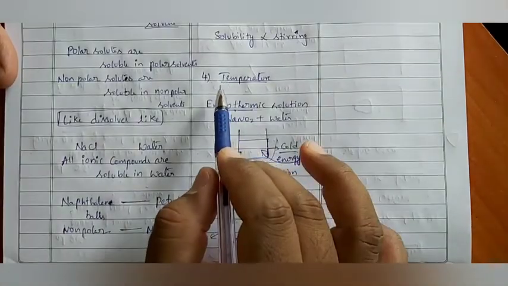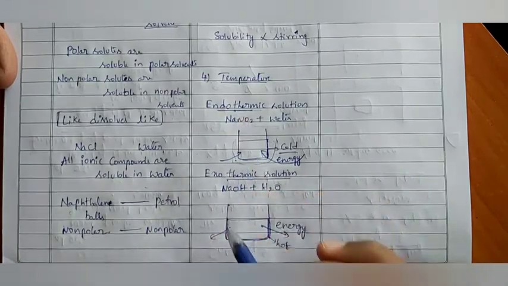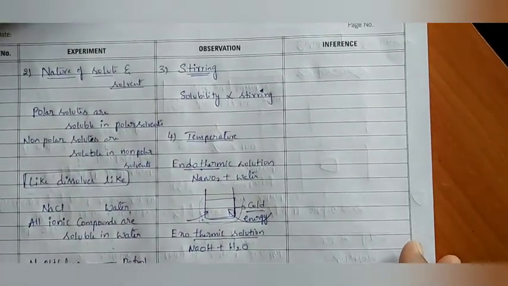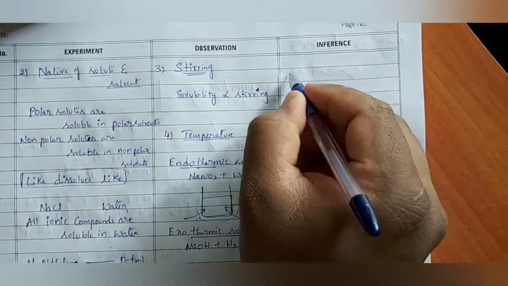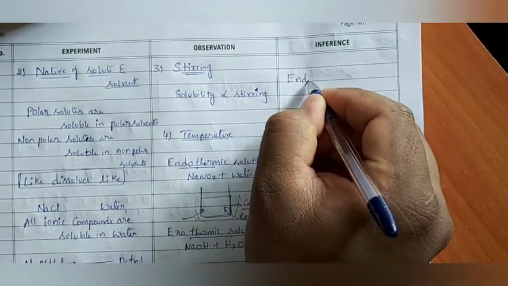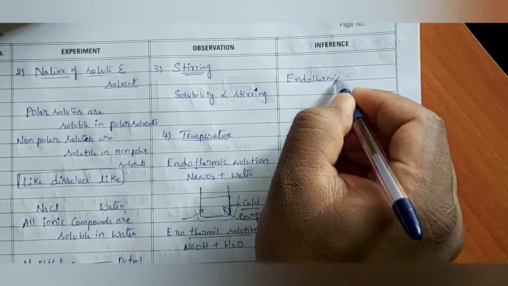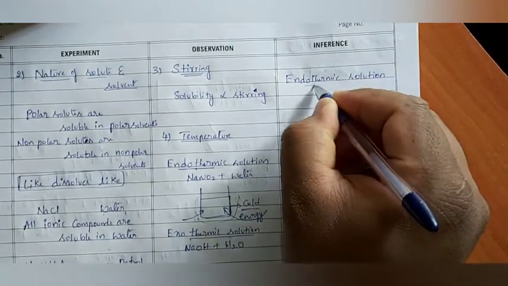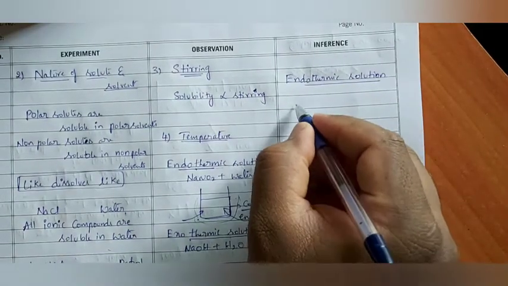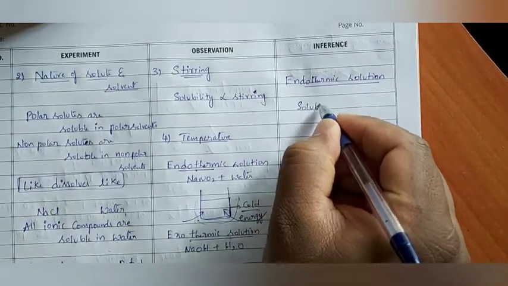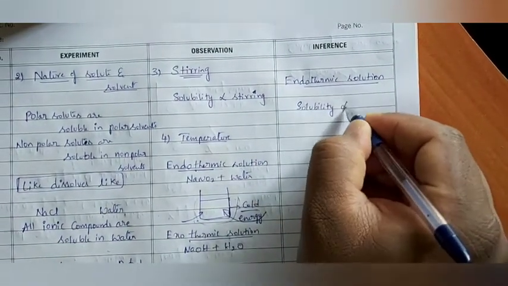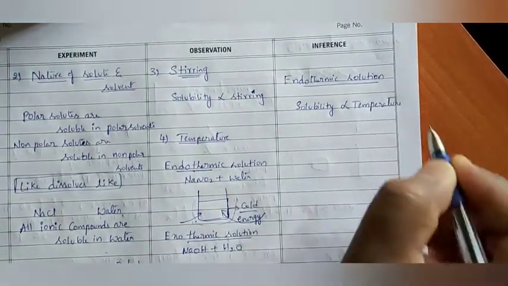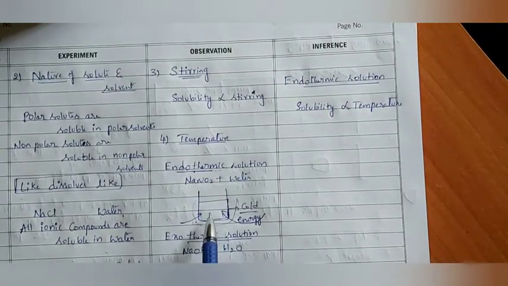Now we are going to discuss the temperature effect on the two types of solutions. First one, endothermic solution. For endothermic solution, solubility increases with increase in temperature, because that solution wants energy.